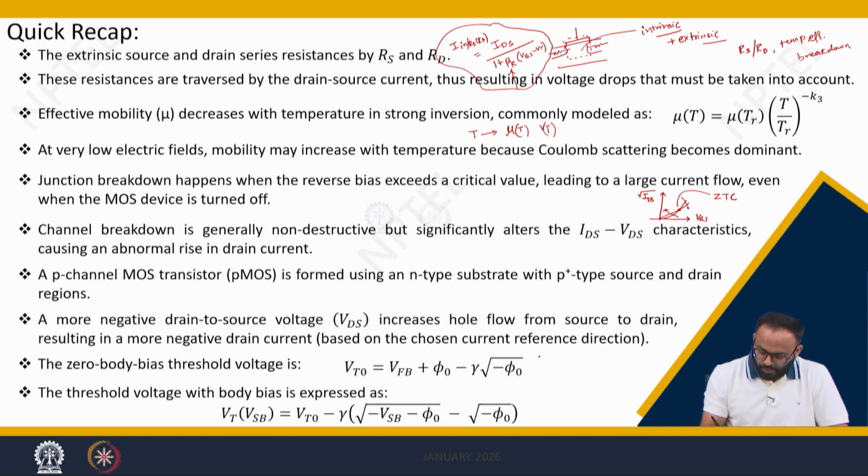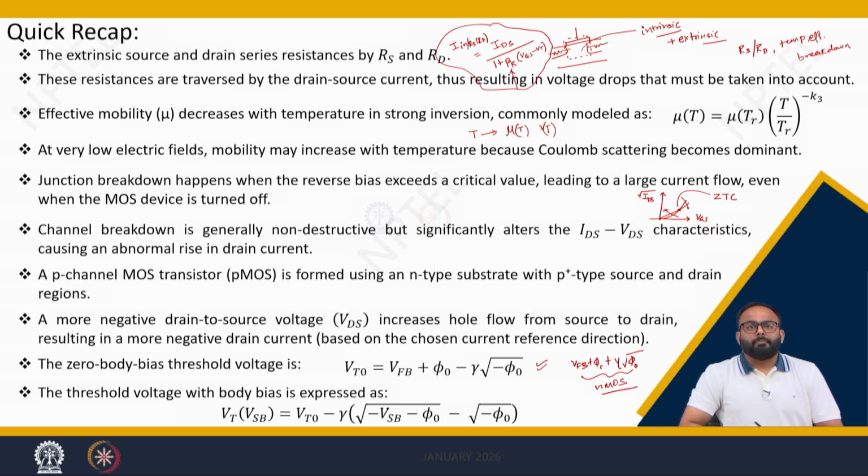That is why for p-channel MOSFET the threshold voltage is given by this, instead of V flat band plus phi naught plus gamma into square root of phi naught for NMOS. So, it is of prime importance, as it tells us what polarity you need to take care of while designing a PMOS and NMOS in a similar circuit.